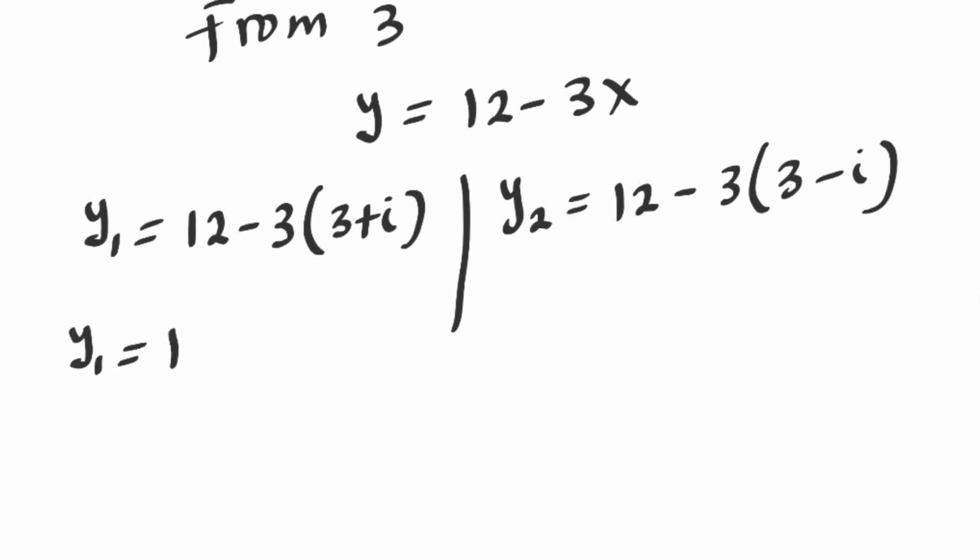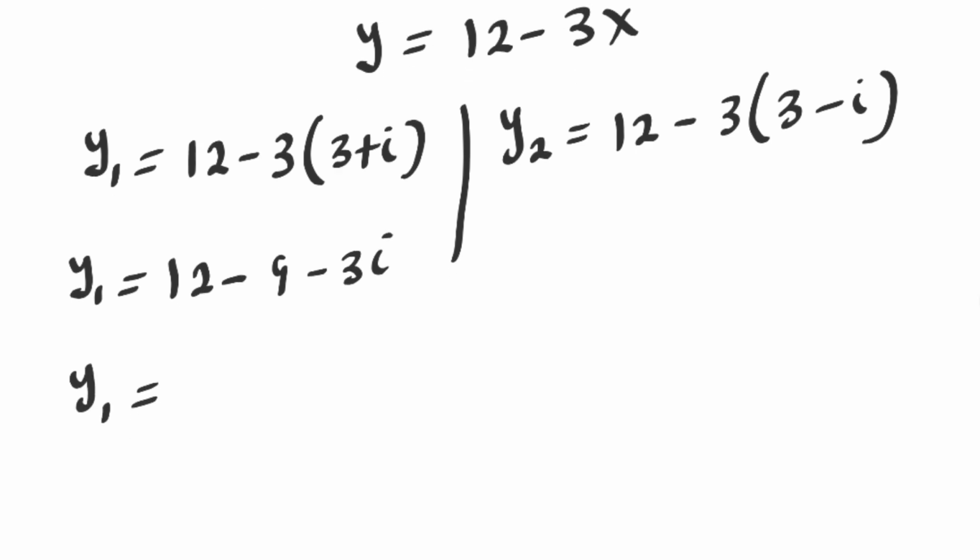y1 is equal to 12 minus, if you open the bracket, 3 times 3, that is 9. Then minus 3 multiplied by i, that is minus 3i. y1 is equal to 12 minus 9, that is 3 minus 3i. y1 is equal to 3 bracket 1 minus i.